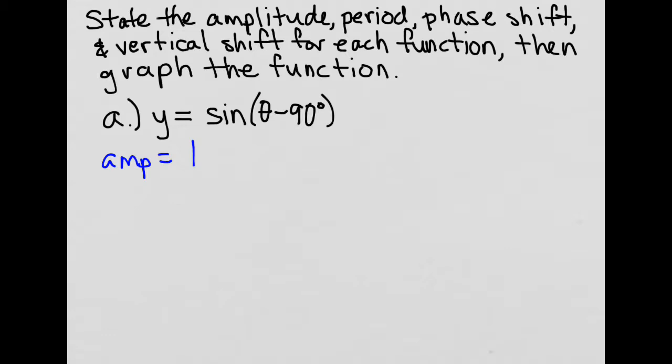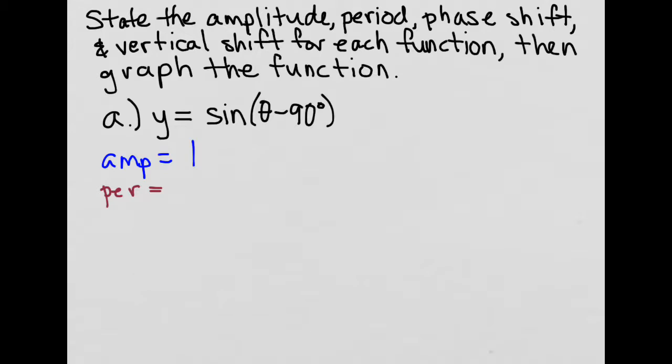And then our period is going to equal either 360 divided by the absolute value of b, or 2 pi divided by the absolute value of b. Since they're giving us numbers in terms of degrees, we're going to use the 360 number instead of 2 pi.